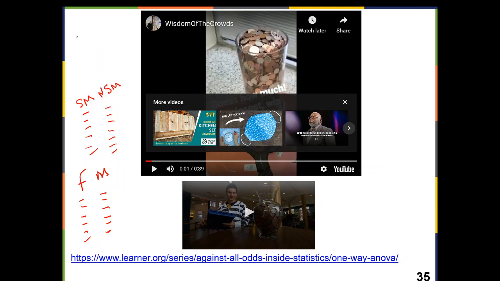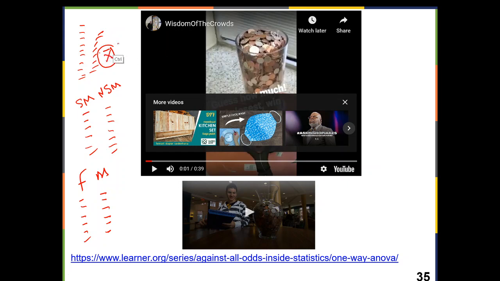Also, we're going to take all the guesses, add them, and find x bar. And something very amazing happens. That x bar is going to be very close to the real answer, which I don't even know. It always happens to be very close to the answer.